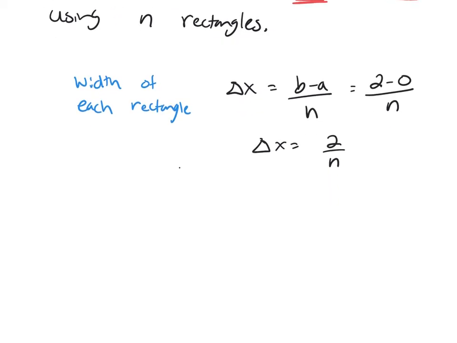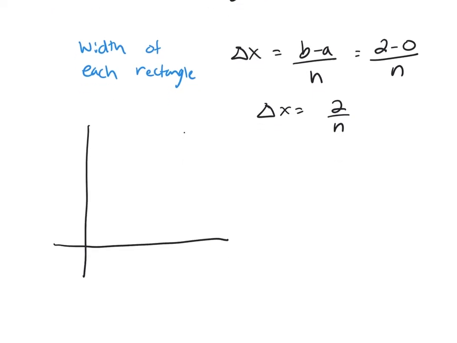So let's draw our graph. We're looking at the function x squared between 0 and 2. So here's 2, and this is my parabola, so it looks like that.